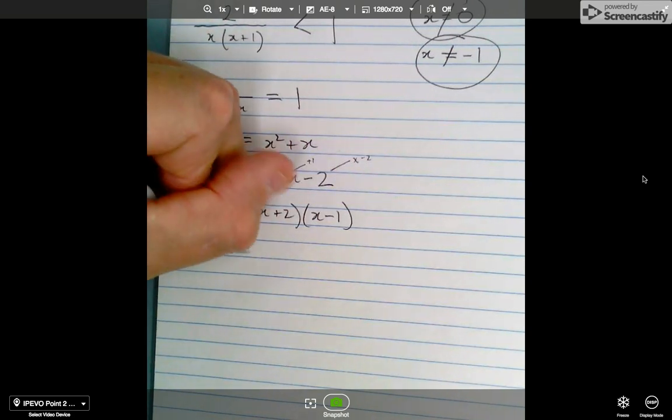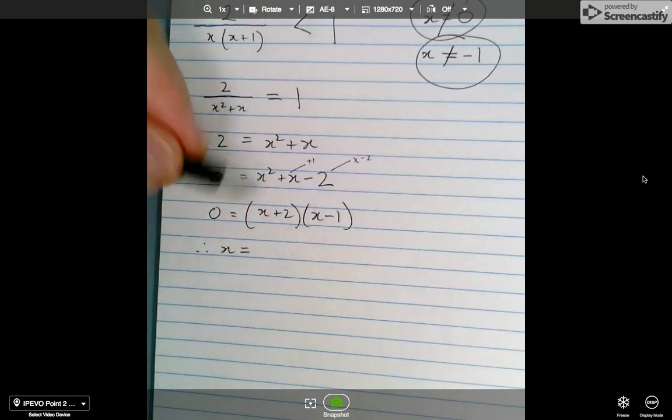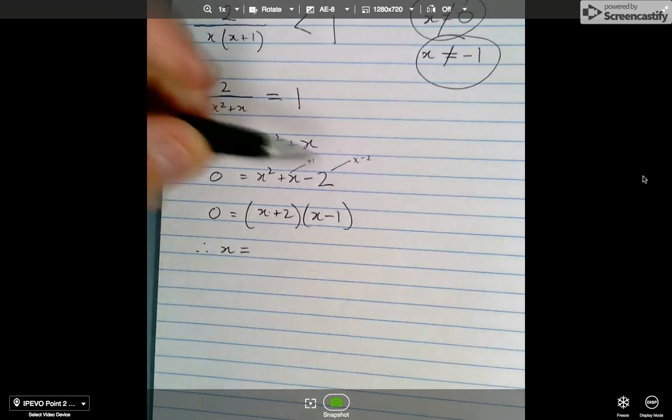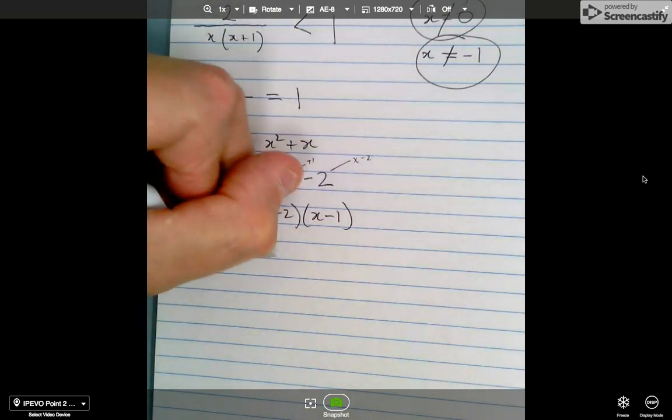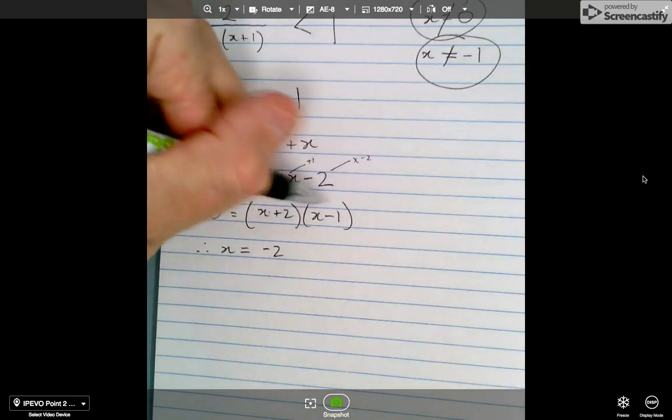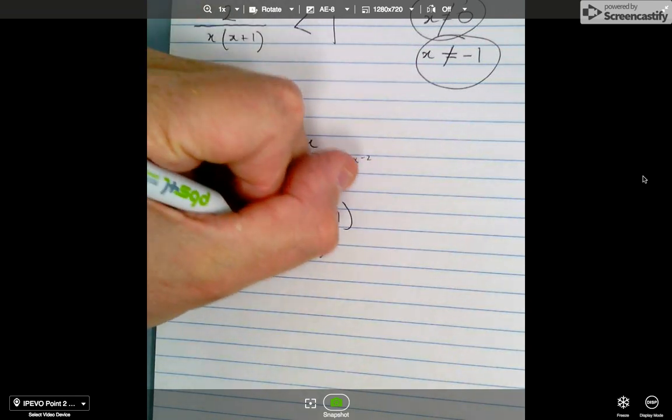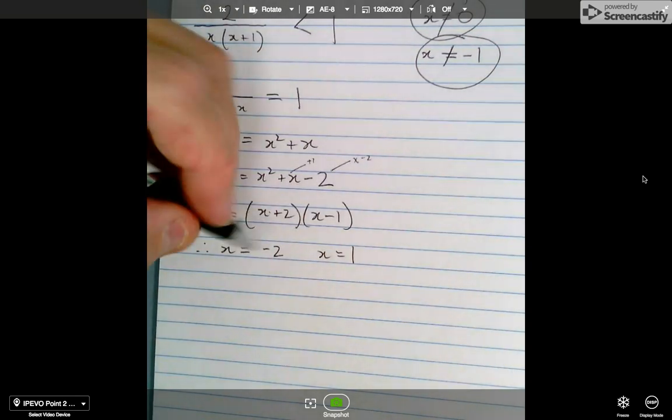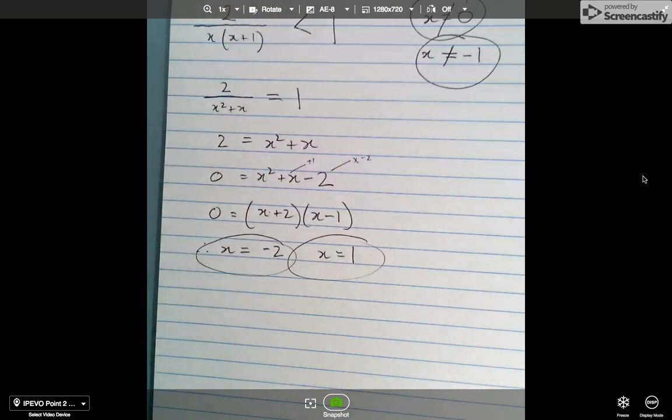Therefore, x equals, if this times this equals 0, then this must be 0. So x equals minus 2, or this must be 0. X equals 1. So we've got 4 critical values.